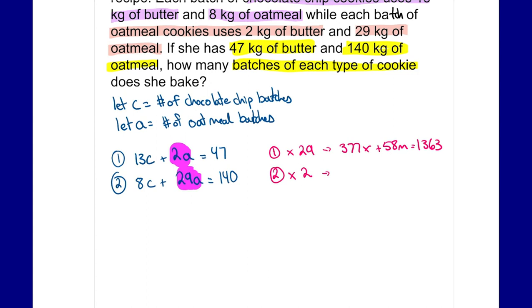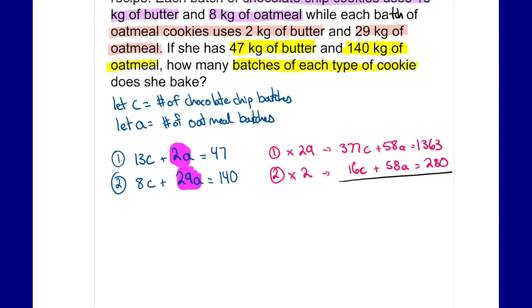My second equation, multiplying everything by 2, which is a little bit nicer, I get 16c plus 58a equals 280. Now I have a common coefficient in front of a.